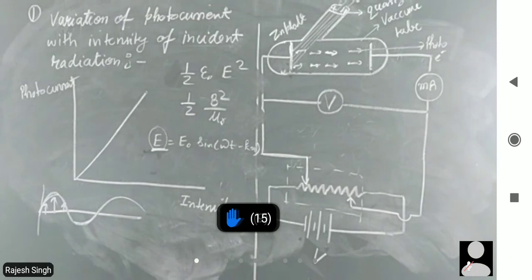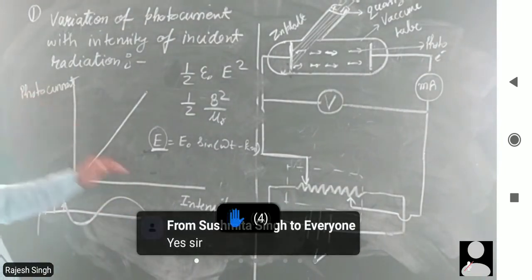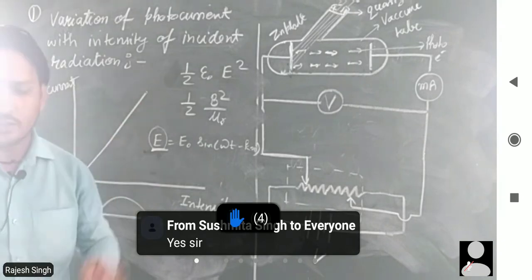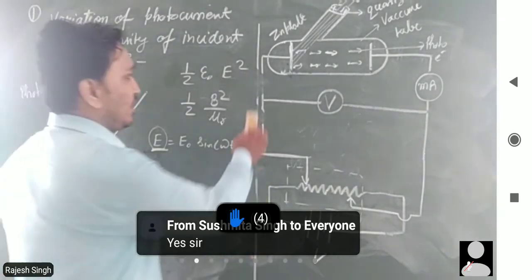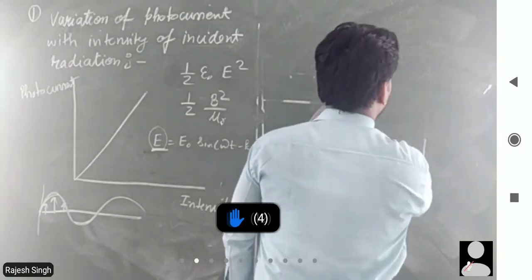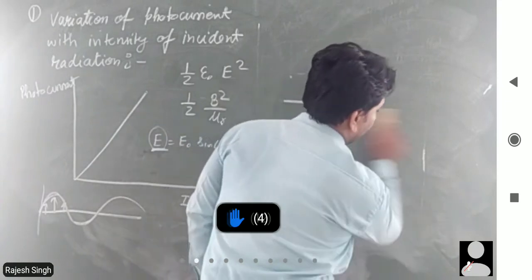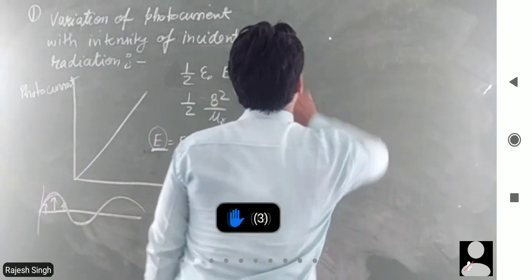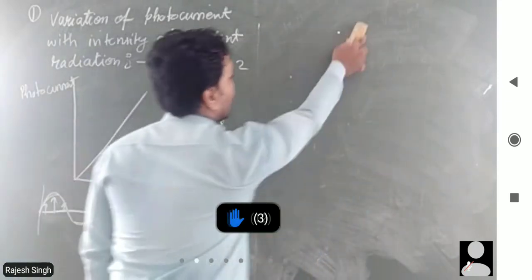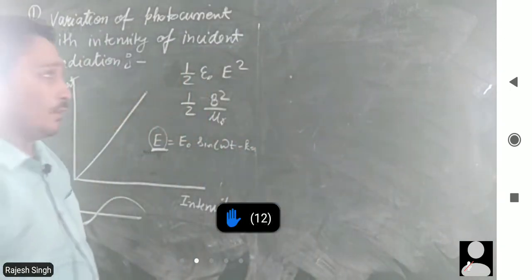Good to see that. So when we increase the intensity, photocurrent increases. It was as expected, but the situation changes when we see the dependence of photocurrent on other factors. What are those factors? Let us see.